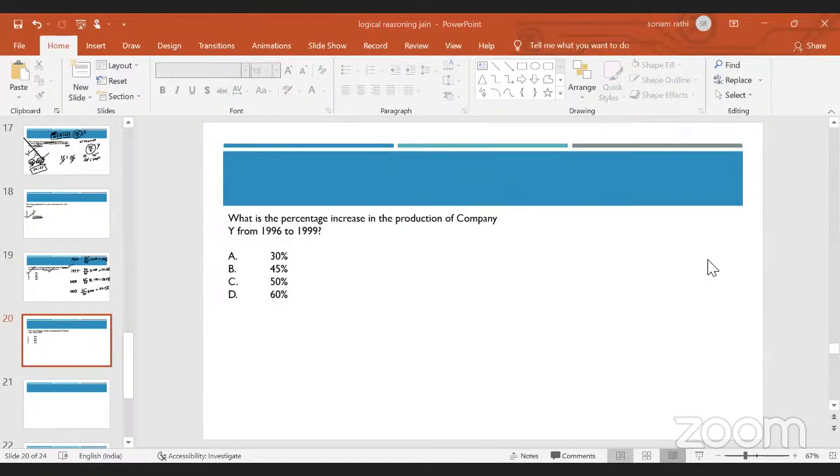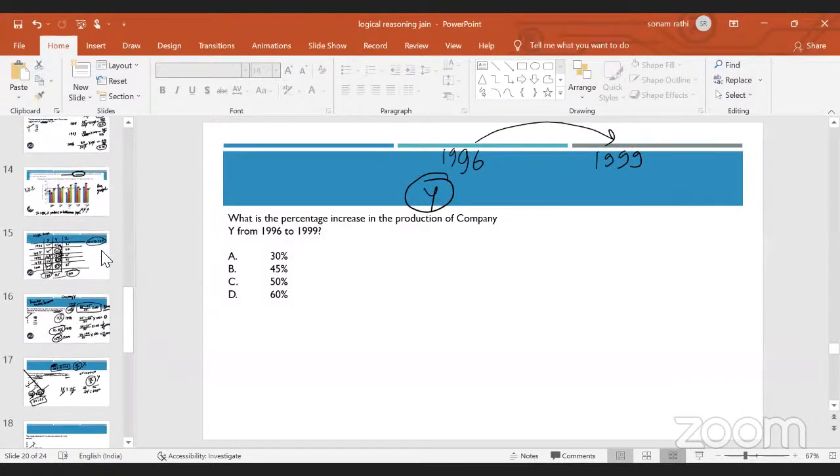What is the percent increase in the production of Y from 1996 to 1999? Okay, so let's look at the table. From 1996 to 1999, what is Y's increase? We need to find what is Y's increase from 1996 to 1999.